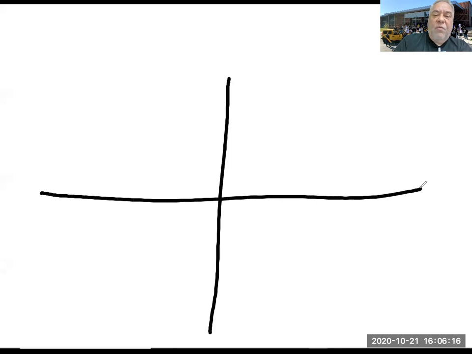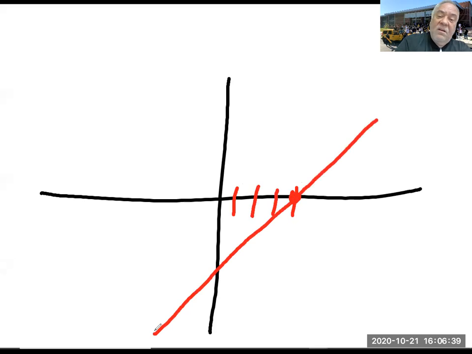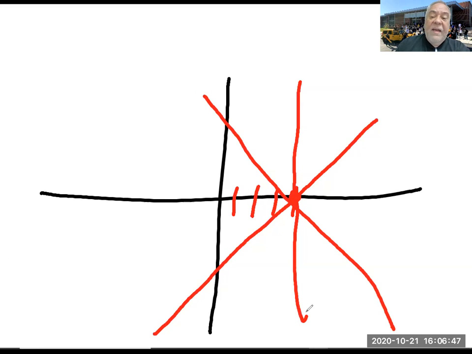So number 14, I shouldn't really have to show this one. This is fairly straightforward. It basically says which graph shows the line with the x-intercept of 4. So, any line that goes through there, whether it looks like that, whether it looks like that, and that, they all have an x-intercept of +4.